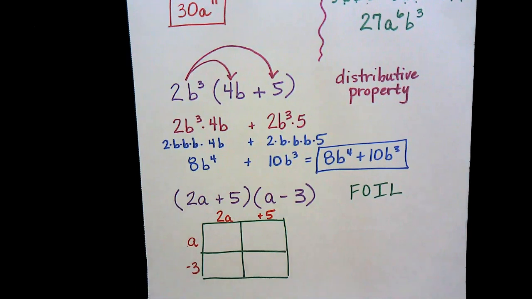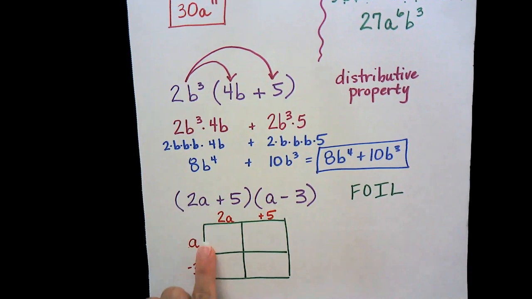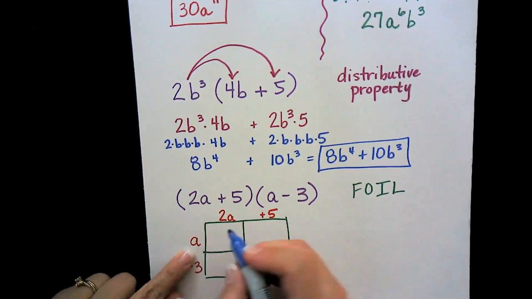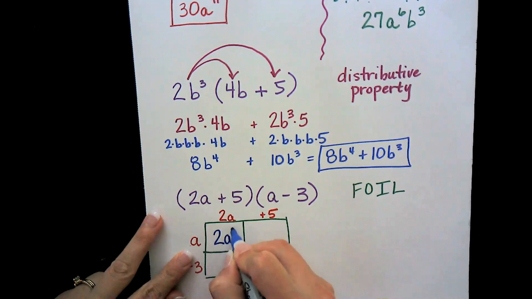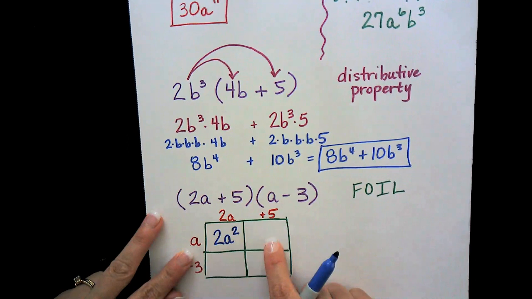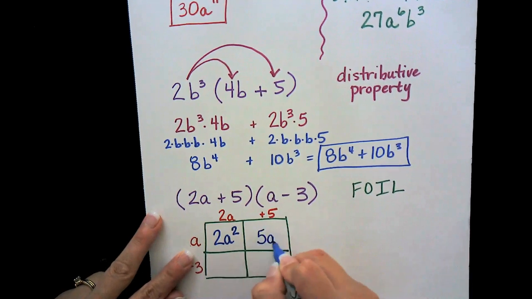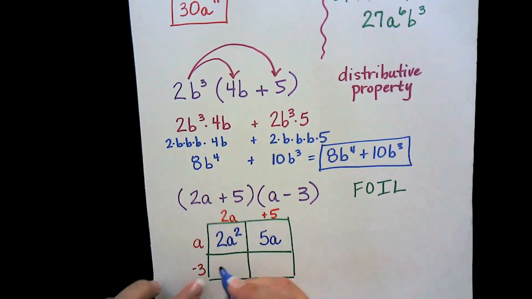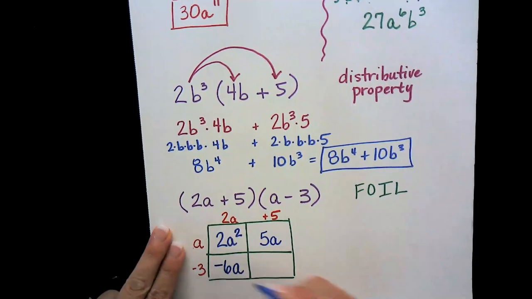Now what I'm going to do is I'm going to multiply to fill the box. So a times 2a would give me 2a to the second. A times 5 would give me 5a. 2a times negative 3 would give me negative 6a.